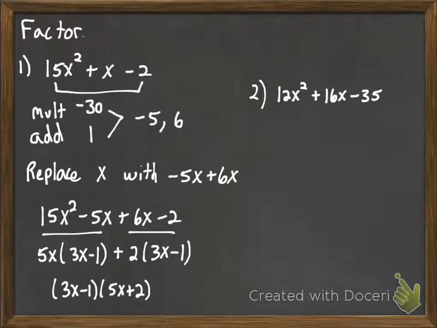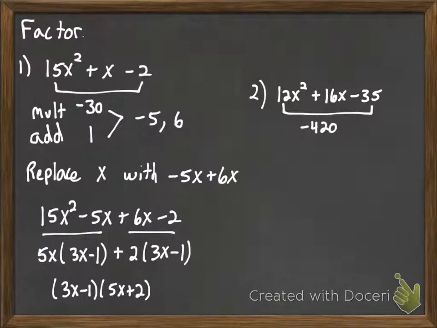Our next example is a bit more of a challenge. We have 12x squared plus 16x minus 35. So we're going to multiply 12 times negative 35, and we get negative 420, and then the factors add to be positive 16.